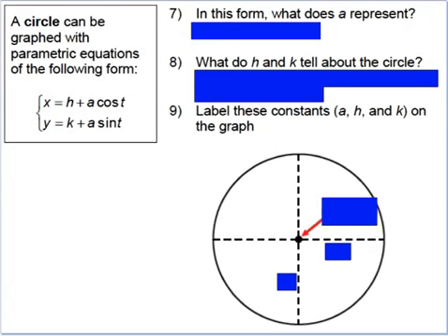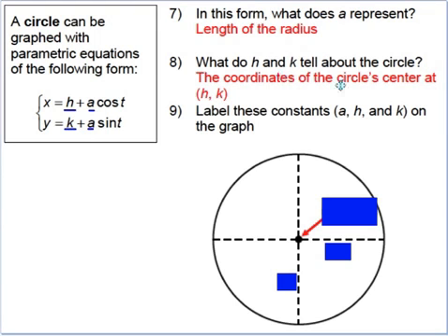All right, so what does this tell you about how to draw a graph from parametric equations? So you have an H, a K, and A's here. In this form, what does the A represent? Hopefully you figured out the A was the length of the radius. What do the H and the K tell about the circle?